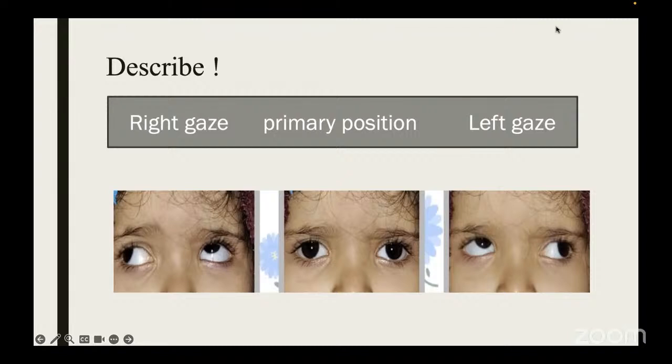No need, actually. In a patient with V pattern or A pattern, if there is no oblique overaction, then you will go for the vertical transposition of the horizontal recti, but you don't need to do both together.